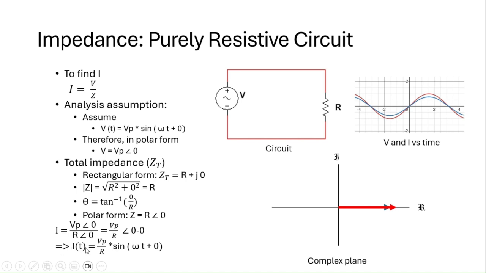And so our current will be V peak divided by R, sine omega t, which makes sense in that the amplitude has to be smaller for the current, and the phase doesn't change. So we had no change between the current and the voltage. So this sort of makes sense.